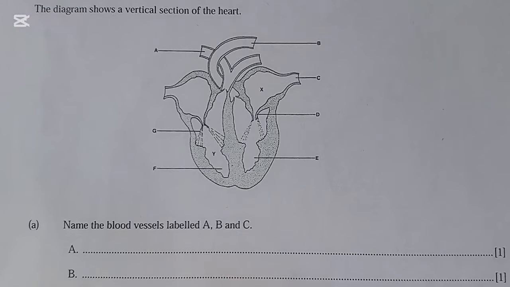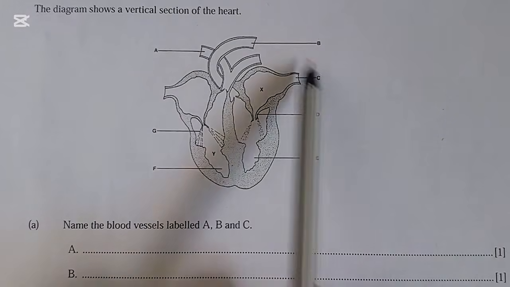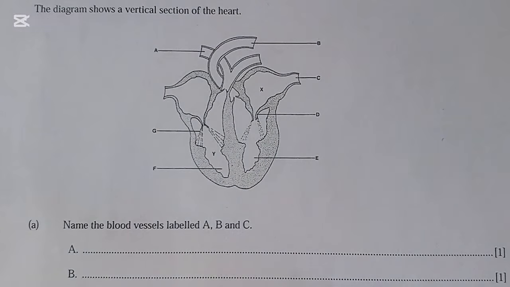The diagram shows a vertical section of the heart. Name the blood vessels labeled A, B, and C. So this is the heart and its associated parts. Number one, you should know the parts of the heart, very important, and their functions.